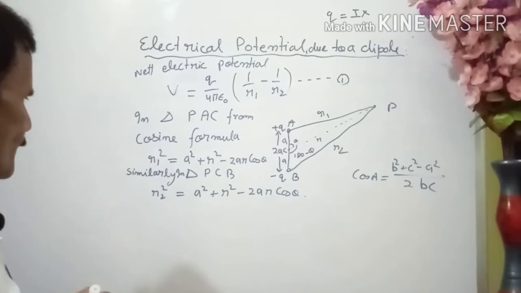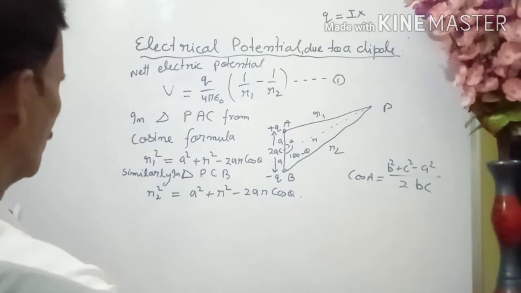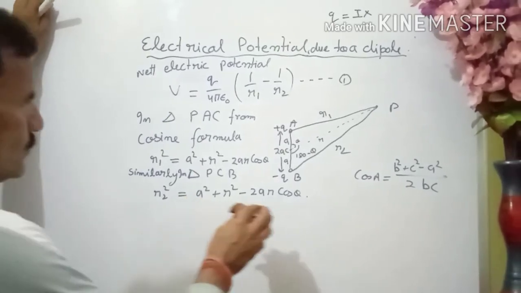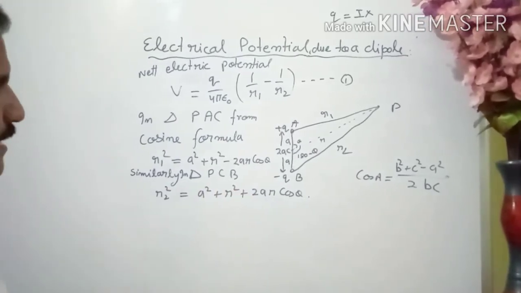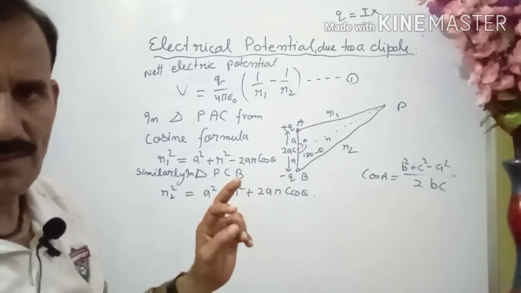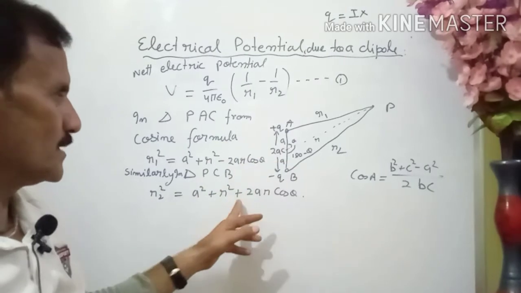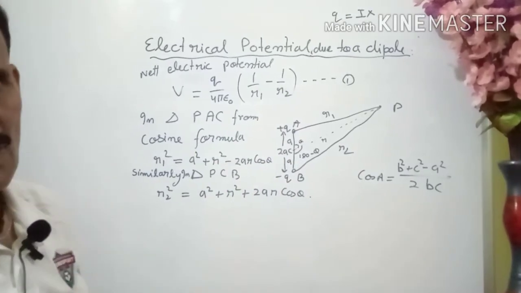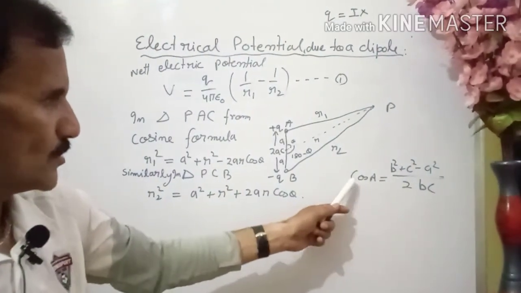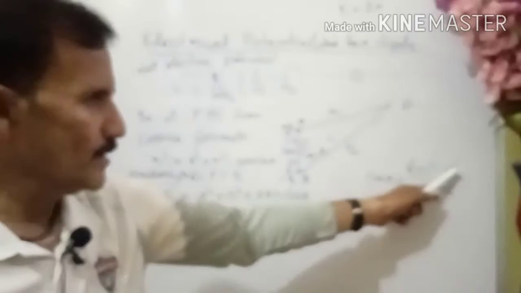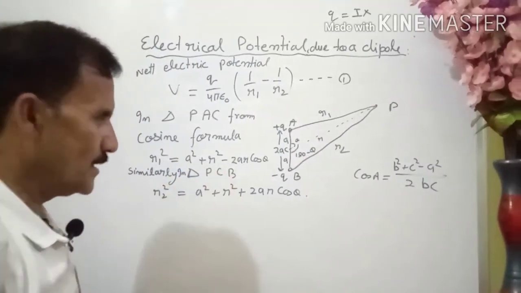Why the sign change? Because the angle is 180 minus theta, and cos of 180 minus theta is minus cos theta. Use the cosine formula; when you transfer it, it goes to that side.